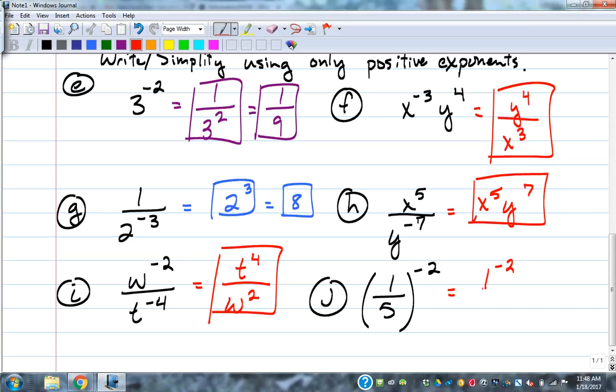So it's 1 to the -2, 5 to the -2. And how do we fix those? Swap them and then work it out, right? So it's actually 5 squared over 1 squared, which is 25 over 1. So it's just 25, the final answer. We applied the first rule, then we fixed the negative exponents. Okay?